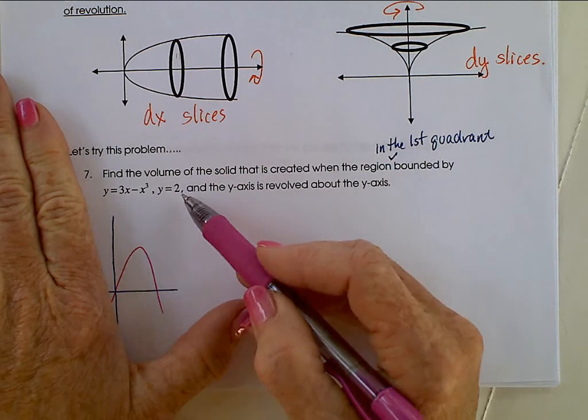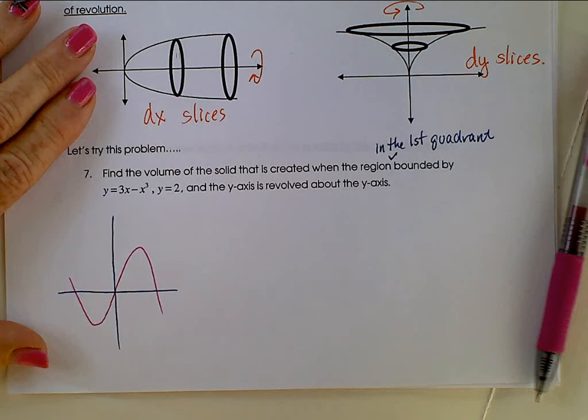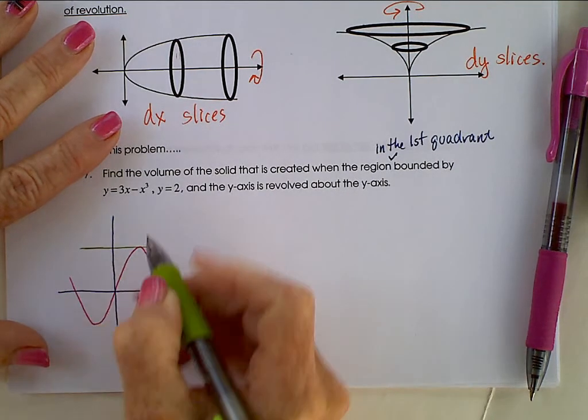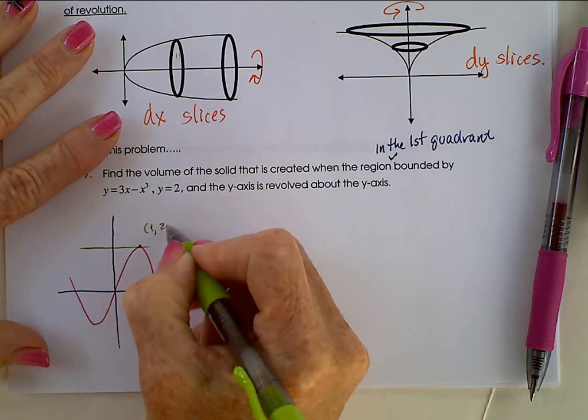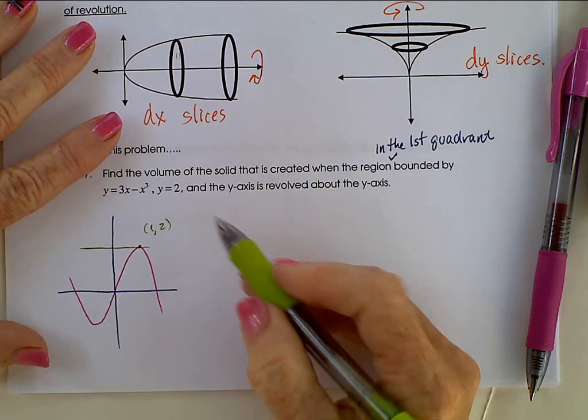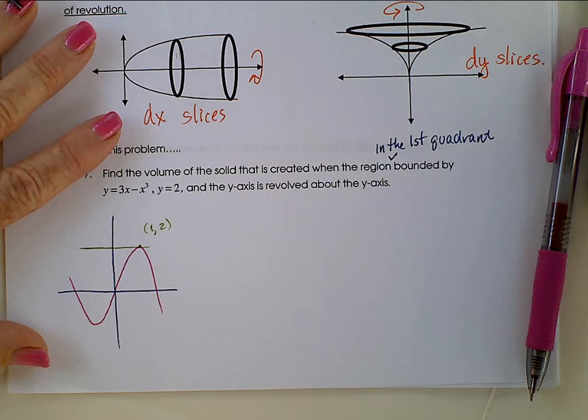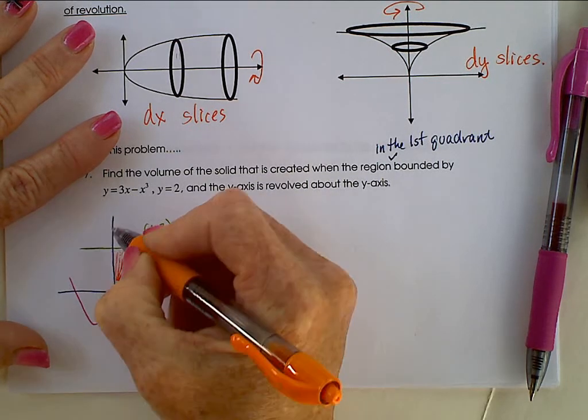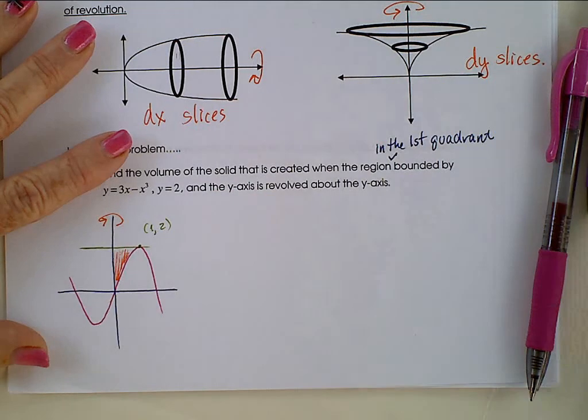We want the part in the first quadrant, so that much. Y equals 2 hits right there. That maximum value right there is at 1, 2. And the y-axis, so this region right here, we're going to spin that about the y-axis.